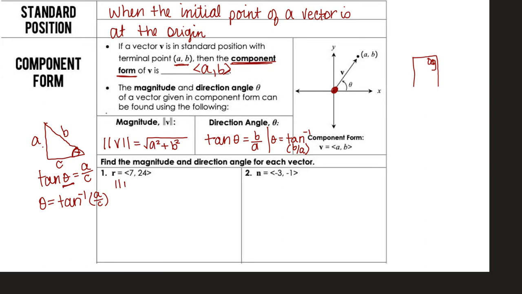So the magnitude for R, since we're in component form, is going to be the square root of 7 squared plus 24 squared. If you put that in the calculator, that's going to give you 25.